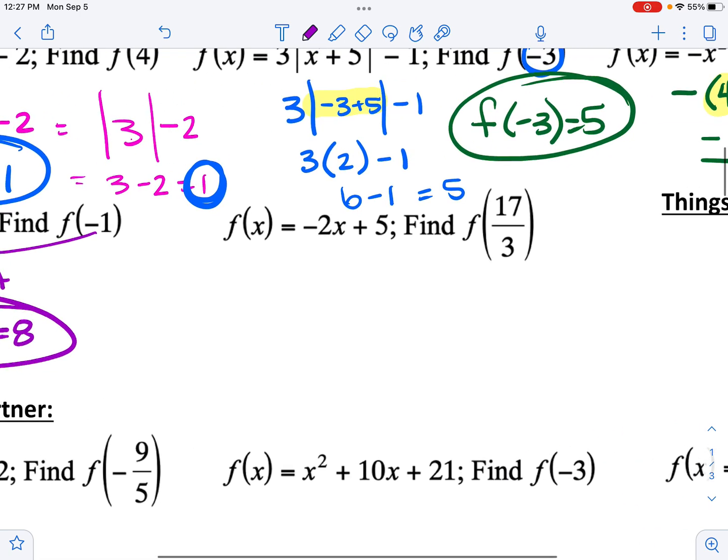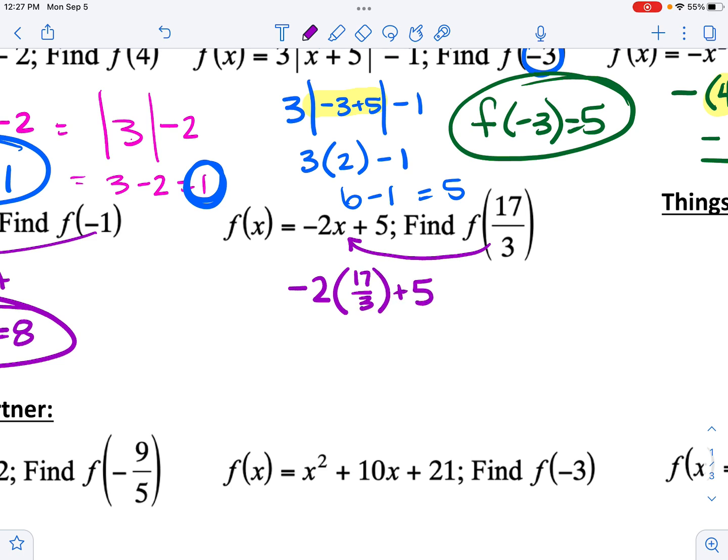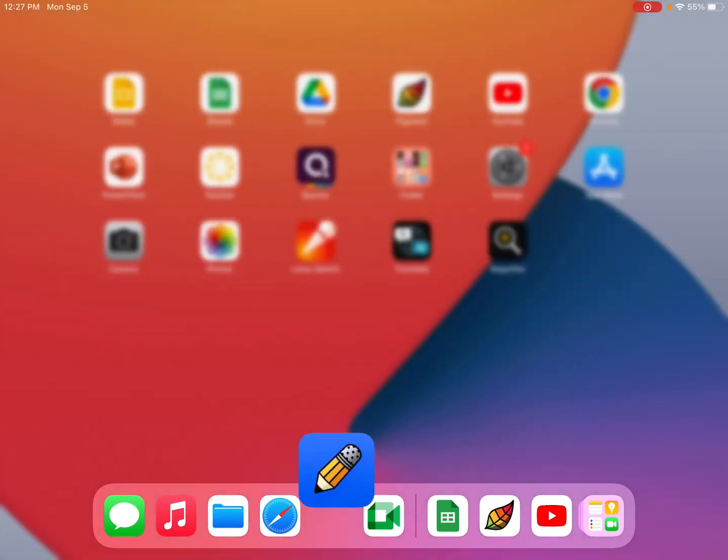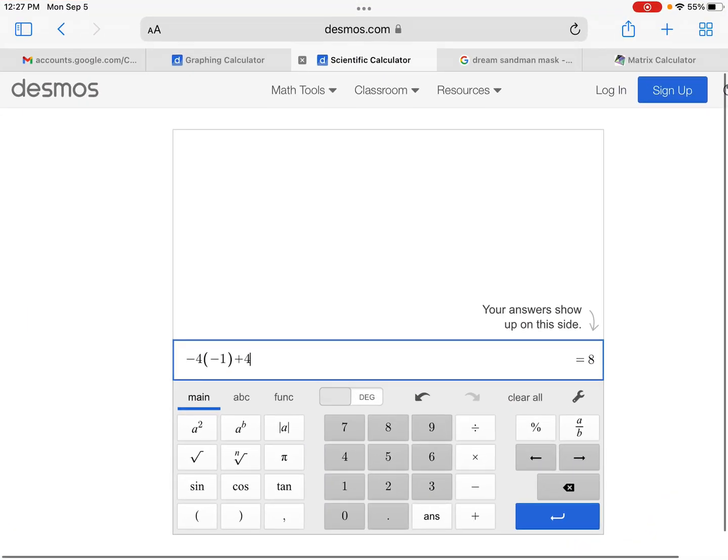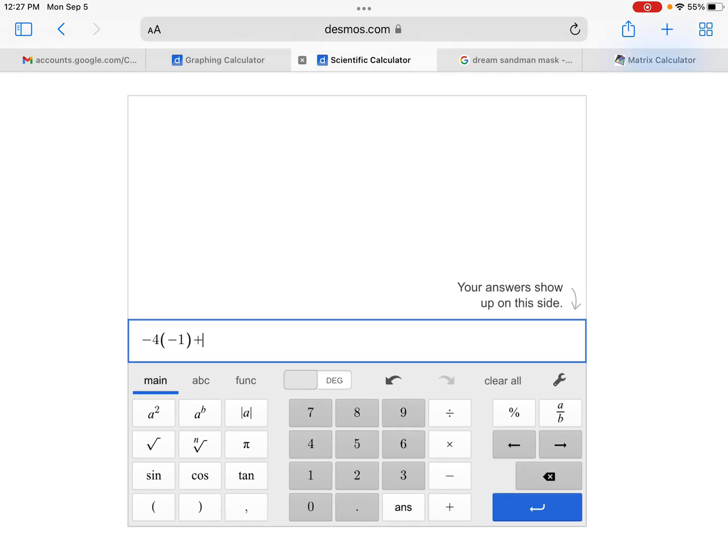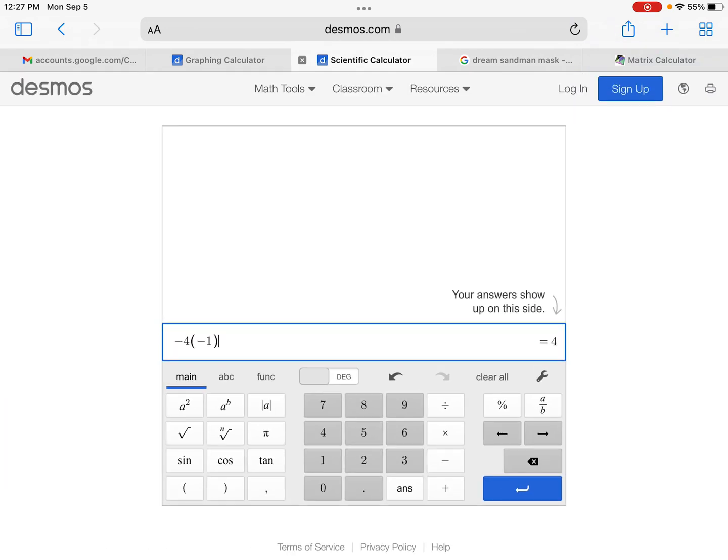And then the last one. So -2, parentheses, and just taking this and putting it in here. 17/3. You should not be scared by having a fraction, because you're going to use Desmos. So you go to delete all the way. So you have -2, parentheses.